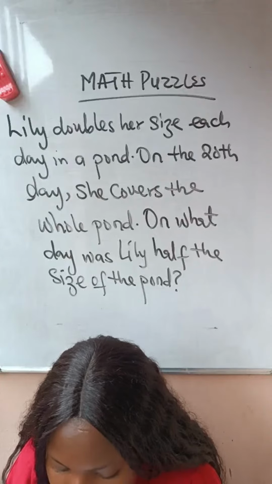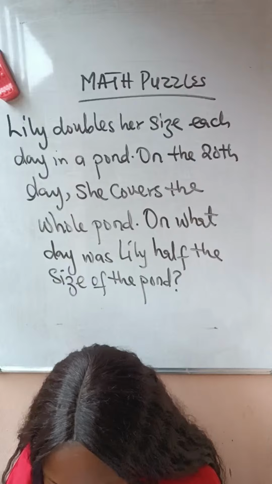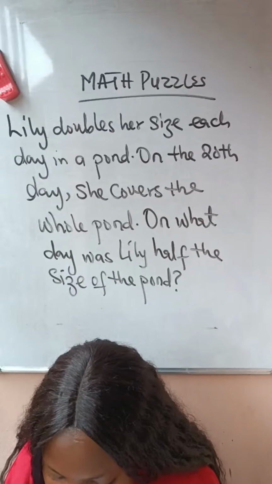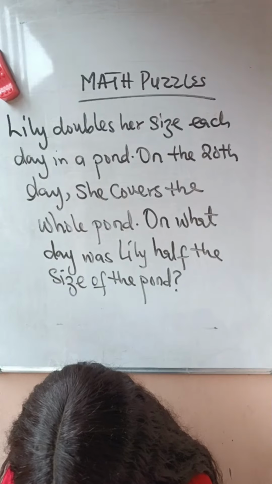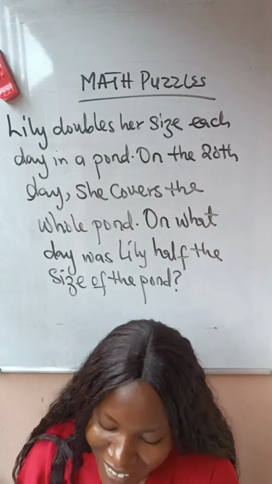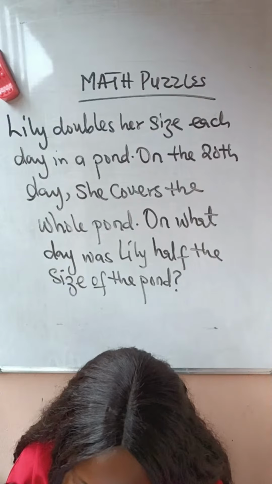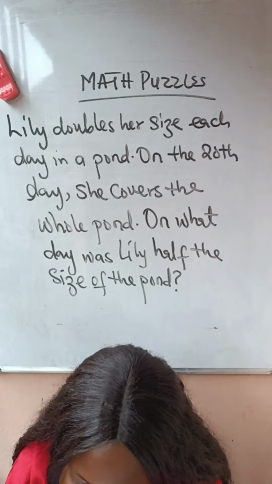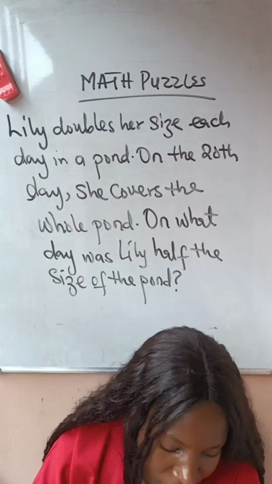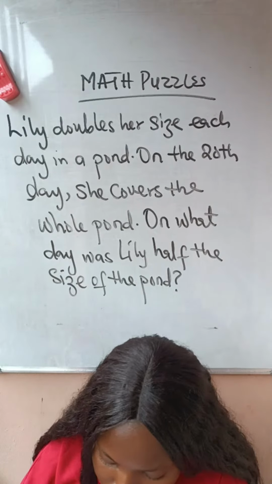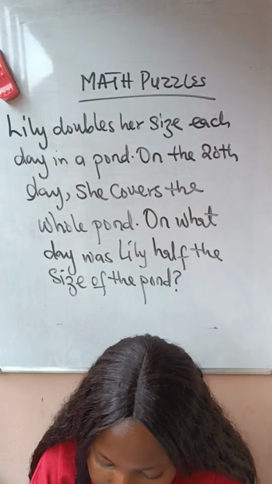On the 20th day, she covers the whole pond. On what day was Lily half the size of the pond? Oh, so Rita is saying 19th day. Chelsea is saying 8:30 p.m. in India.